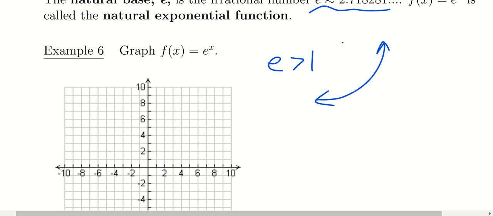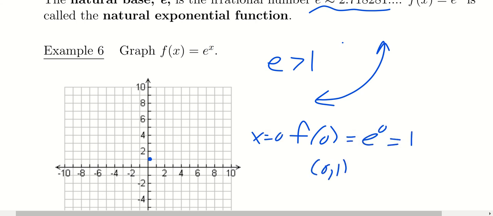It's going to have a y-intercept of (0, 1), because if you plug 0 into the function, we would get e to the 0, and anything to the 0 power is 1. If you plugged 1 in, f of 1 would be e to the first, which is e.